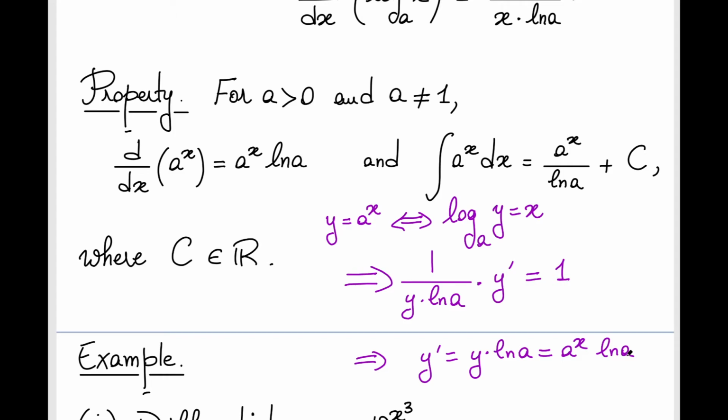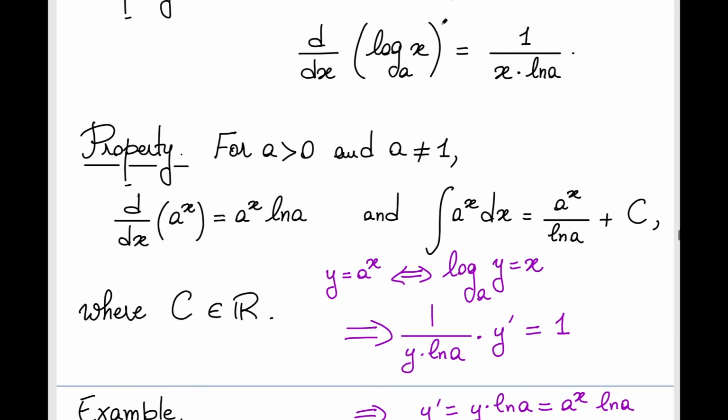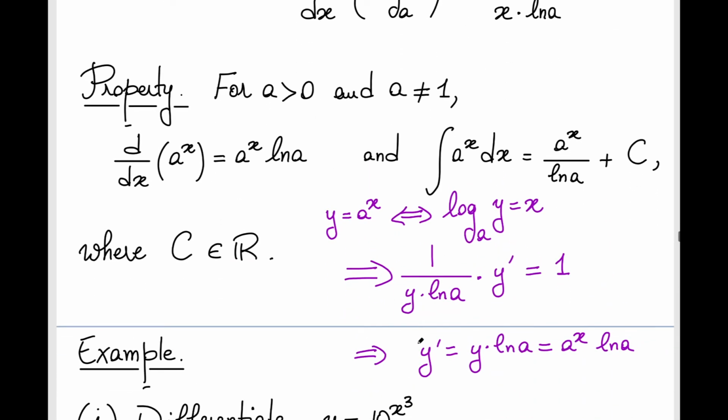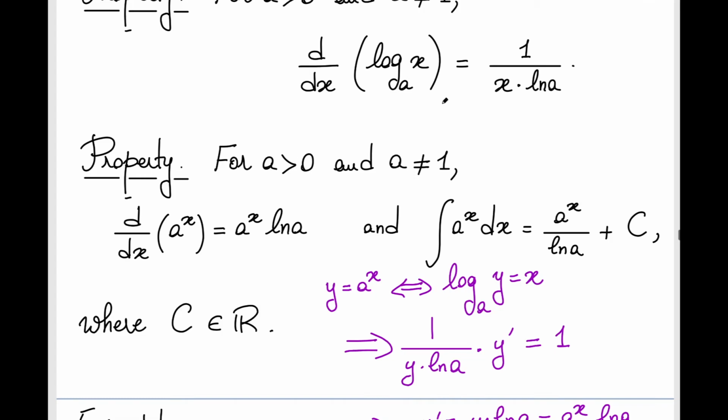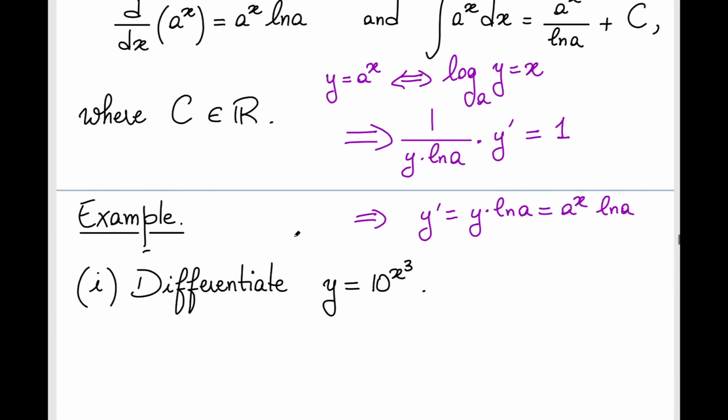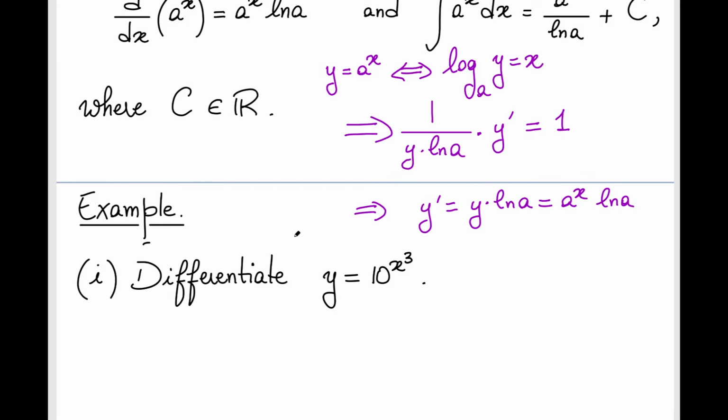So that result allows us to find that the derivative of y, which is a^x, is actually a^x ln a. This is why this result holds. It holds because of that. All right, so this is like a little proof for that discussion.